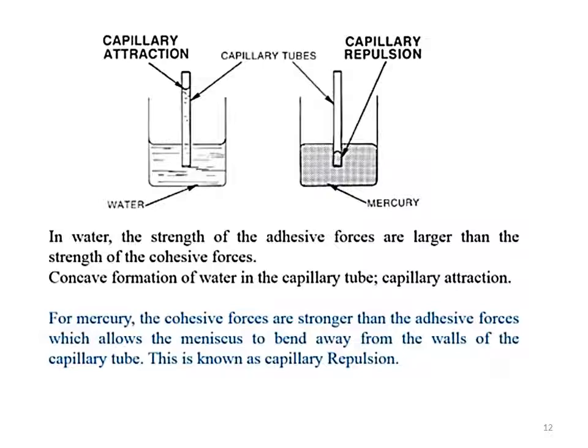This concave formation represents that the strength of adhesive forces is larger than the cohesive forces. For mercury, the cohesive forces are stronger than adhesive forces, which allows the meniscus to bend away from the walls of the capillary tube. This is known as capillary repulsion.